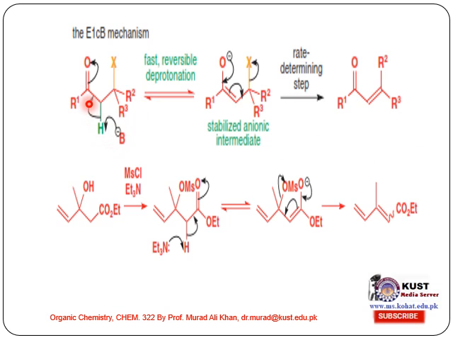This is the mechanism. Like for other molecules, first the acidic proton is removed. It's a deprotonation step. This is then the stabilized anionic intermediate, and this one is the rate determining step.